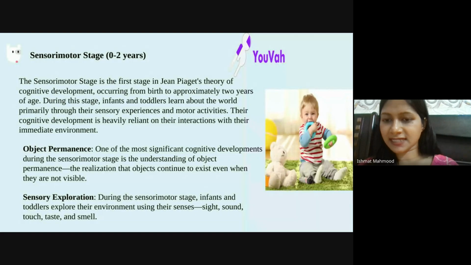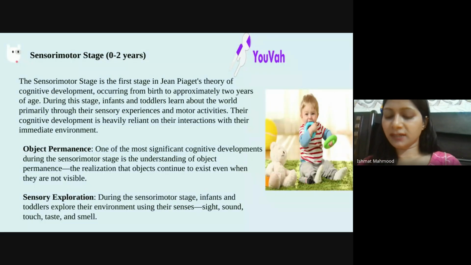The object doesn't exist. But over a period of time, what they develop is, even if it's not there in front of their eyes, as Zara has already talked about, the object still exists in the world, it's still there. So here children develop object permanence, right?